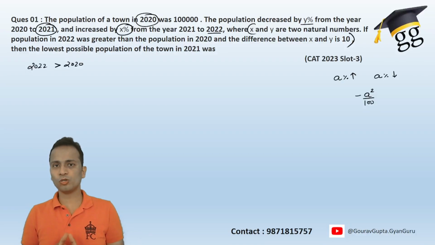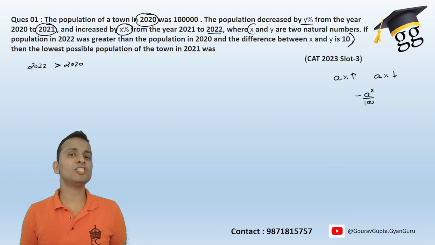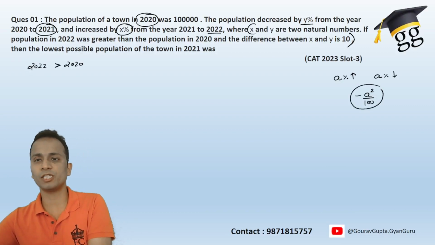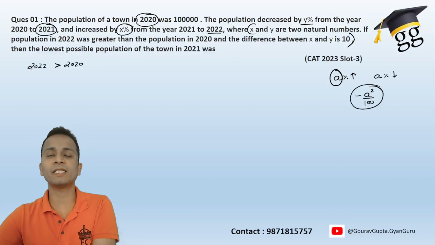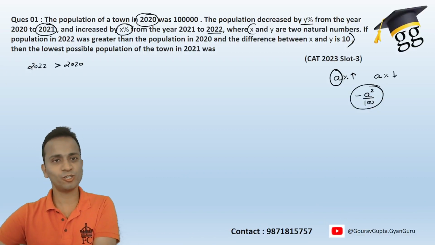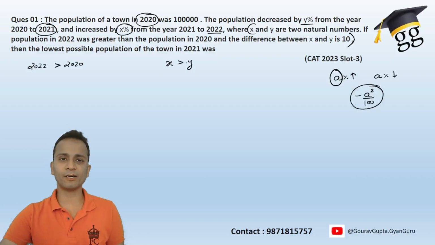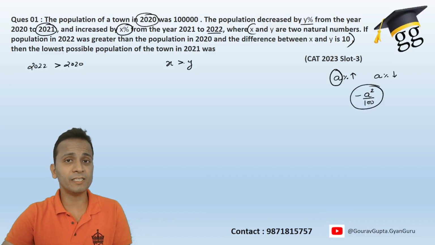To ensure that this value is positive, I can say that the absolute value of percentage increase should be greater than that of decrease. So in this case, X will be more than Y. The value of X will be greater than the value of Y. Then only there will be a net percentage increase.